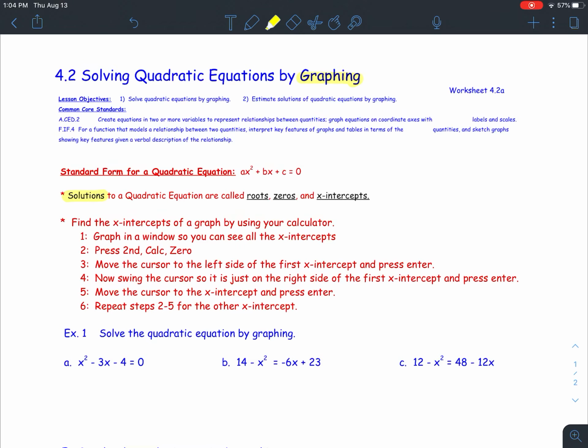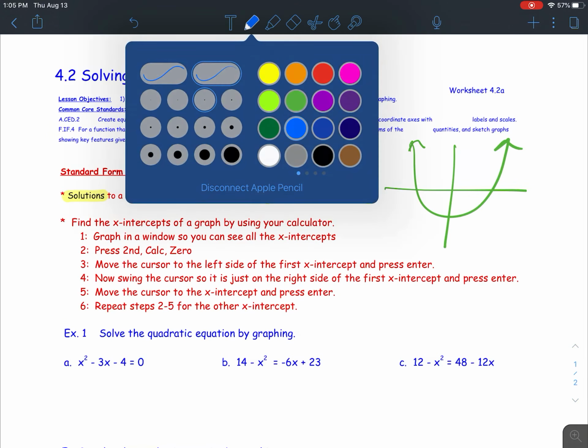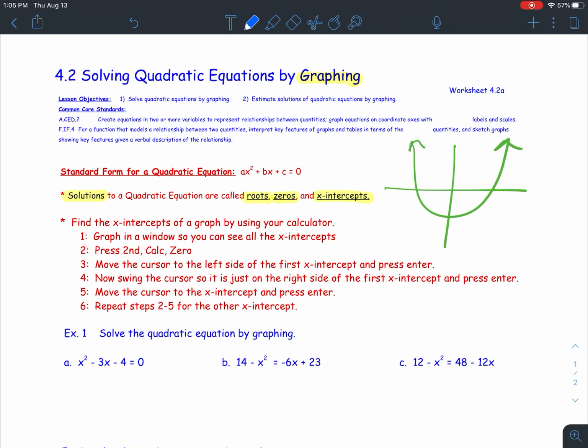One important thing worth noting is that when we are solving these quadratic equations, there are lots of different synonyms that all mean the same thing. Your solutions to a quadratic equation can be called roots, they can be called zeros, and they also refer to the x-intercepts.